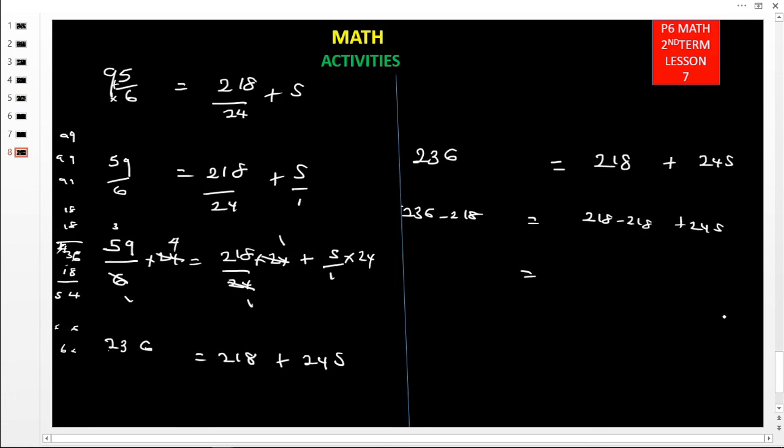So here, let us get a side work here, 236 minus 218. Then here we regroup. This is 16, then here it is an 8, then here it is a 2, a 1, a 0. So here we remain with 18 is equal to 24 sides. Divide by 24, divide by 24.